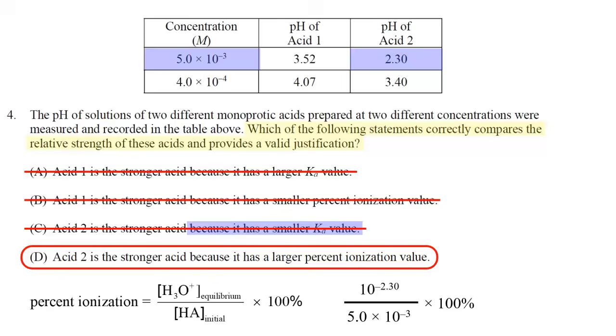Now, instead of getting 6% ionized, which we got for acid 1, take a look at this particular value. It's 100% ionized. So again, this is just confirmation that the reason why D is the correct answer to question 4 is because acid 2 is the stronger acid, and it definitely has a larger percent ionization value.